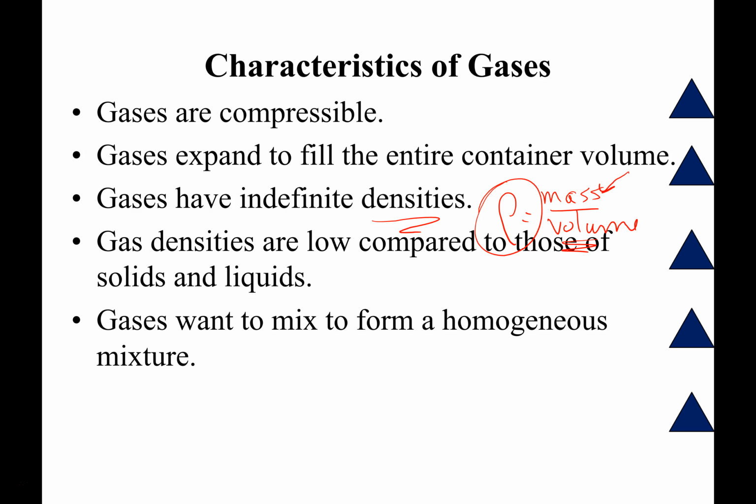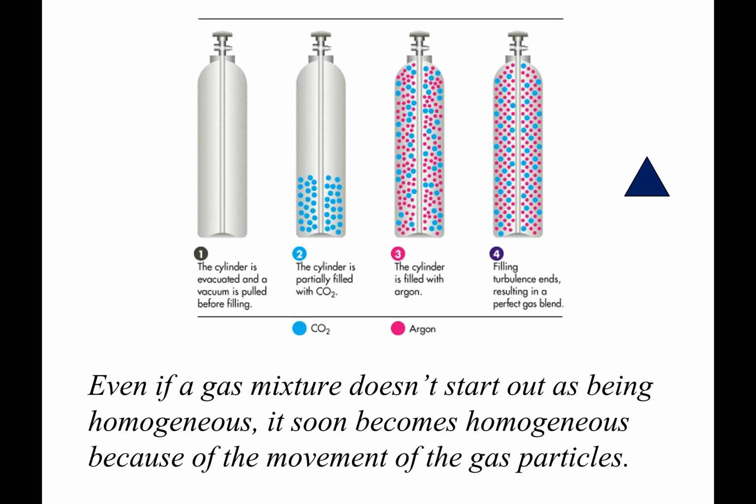Let's see, what else do I have here? Gases want to form a homogeneous mixture. Now we've talked about mixtures. Mixtures are 2 or more different substances that are combined together. And if you have gases, what's a homogeneous mixture? It means it's the same throughout. So here's an example. This says there's nothing in this gas cylinder. And if we were to take CO2, and to the CO2 we were going to add argon.